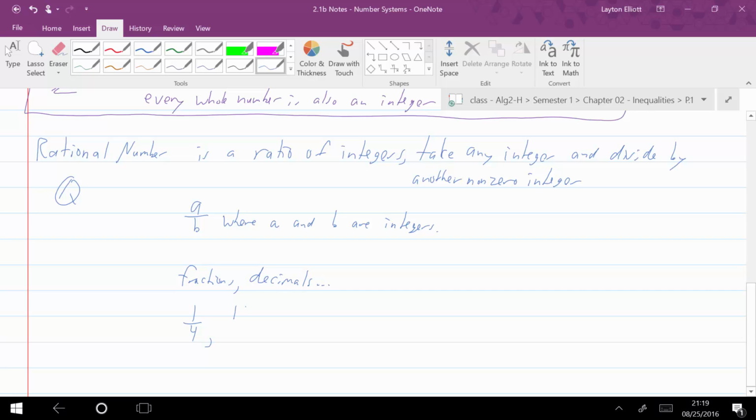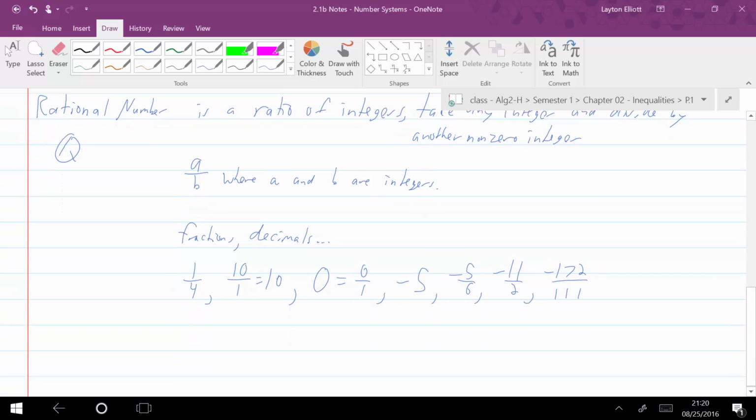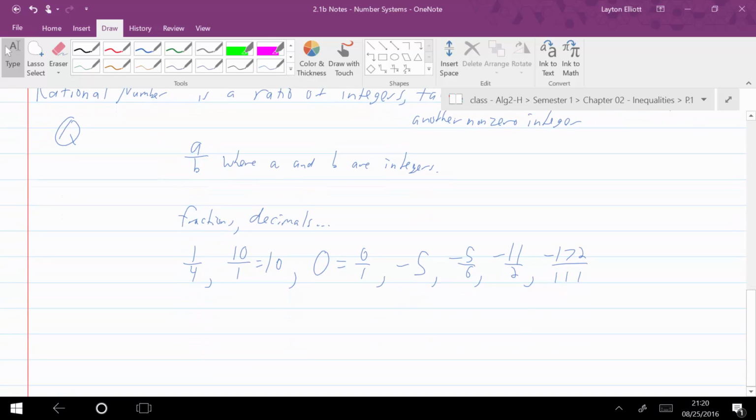The number 10 is rational because it's actually 10 over 1, and we just write that as 10. 0 is rational because it's equal to 0 over 1. -5 is rational. -5/6 is rational. -11/2 is rational. -172/111 is rational, although that's one that actually can't be simplified. So we have all these different possibilities.